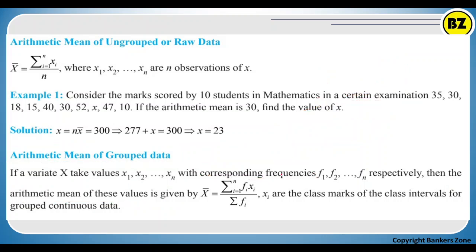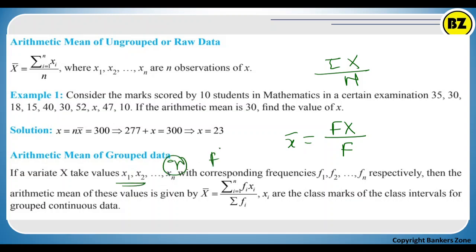The formula is frequency into variable divided by frequency. Whatever we are doing here is summation of x divided by number of elements. Here instead of the number of elements, the group is given and f is the frequency, meaning the number of times that item is repeated. That's why we are dividing by f.